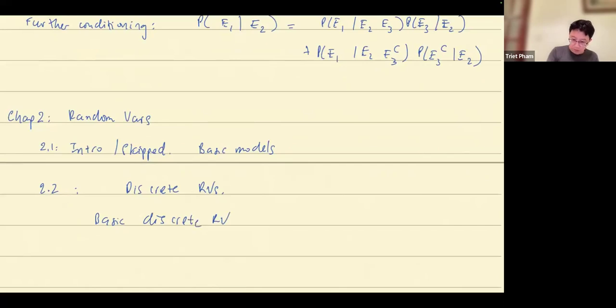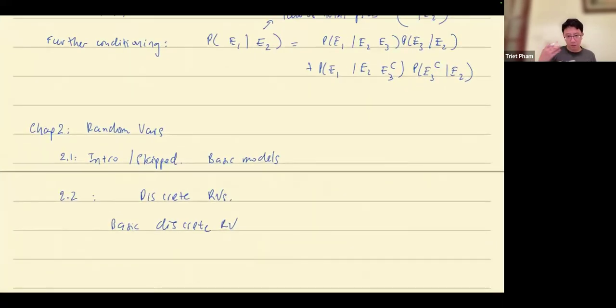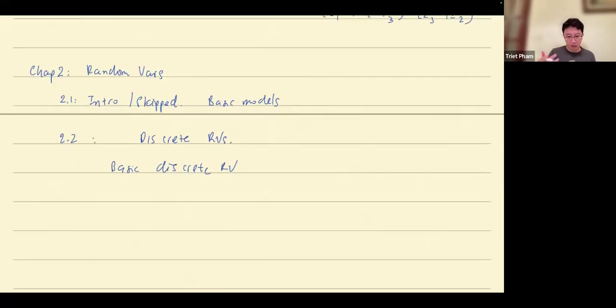But these are the models that people always carry around, and they would readily apply these models to a problem that somehow has the kind of phenomenon captured by these basic discrete random variables. The point is that you have to be very, very familiar with these basic random variables.